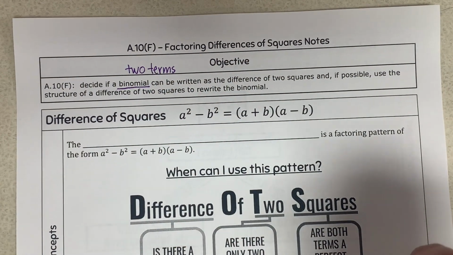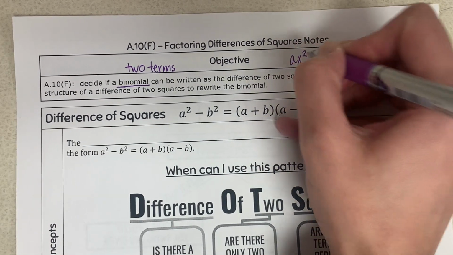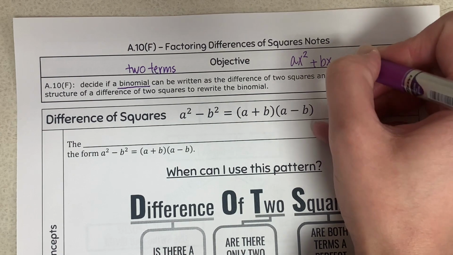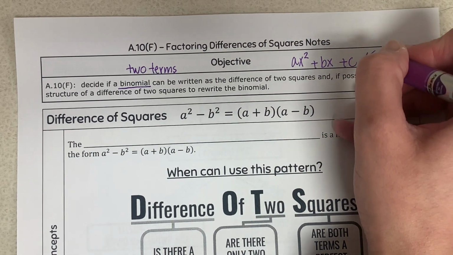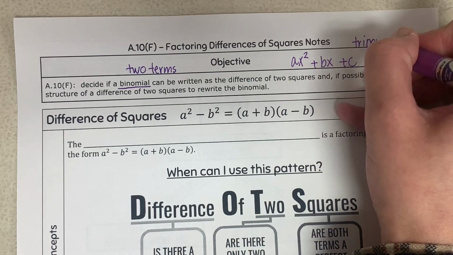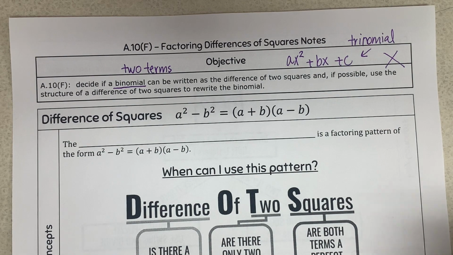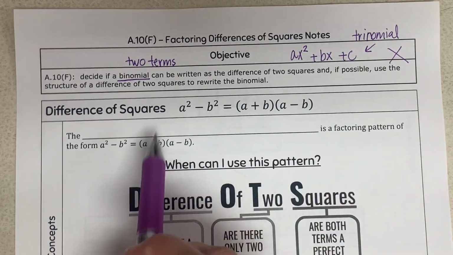If you remember, you did trinomial factoring before, which was ax squared plus bx plus c. So this one is a trinomial, and you used the X puzzle to factor it, where you have the answer as two sets of parentheses.